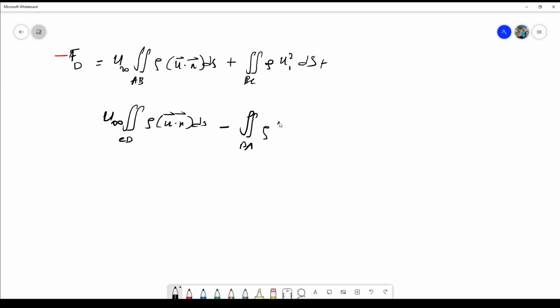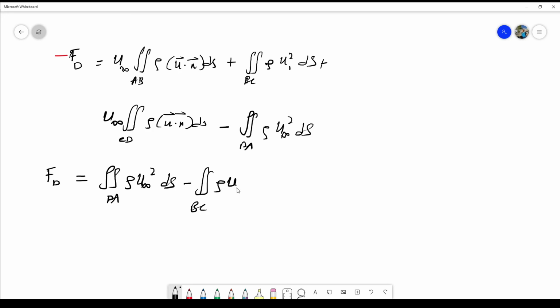So we have rho u infinity squared ds, and this can be further simplified so that we have Ft, which is equal to the integral of rho u squared ds minus the integration on the surface BC of rho u_1 squared ds, which is the condition at the outlet.